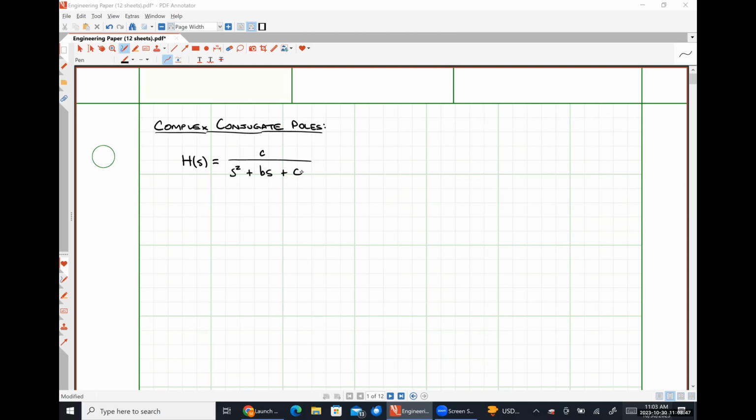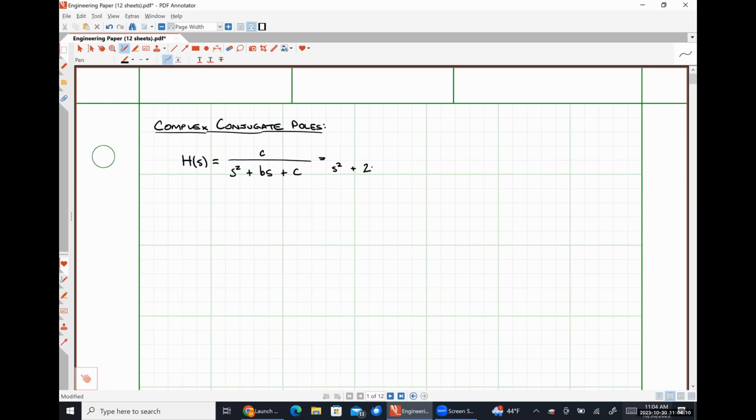Okay. So I'm going to expand this out, where in my denominator first, we're still going to just have s squared. And then I'm going to put that B coefficient and write it in a new form. So this is going to be 2.